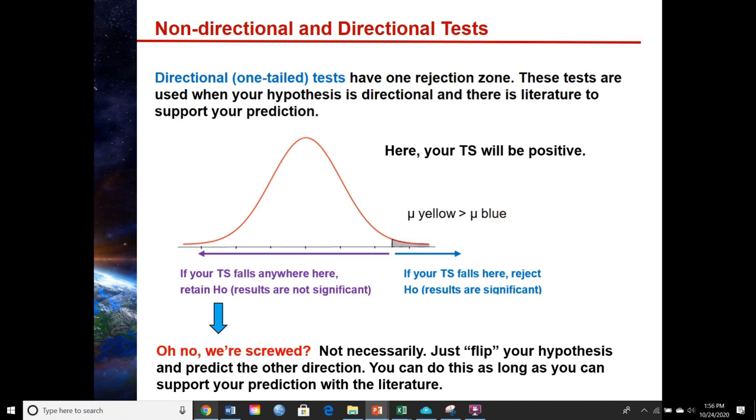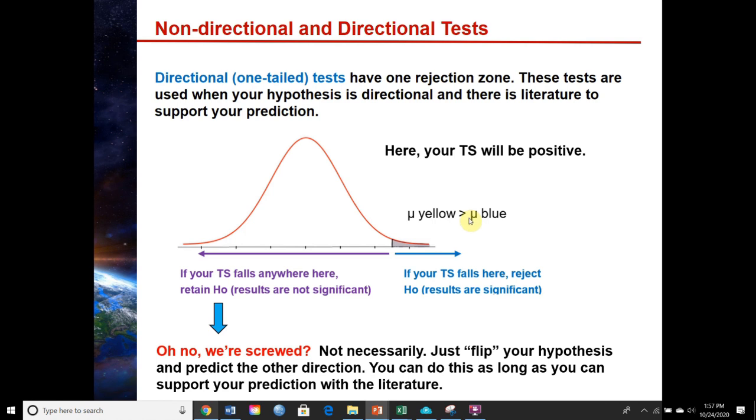No, it's not. The rules say for you to have a directional test, for you to use a one-tailed test, you have to have a hypothesis that is directional, and you have to have literature, published literature, to support your prediction. So if your original prediction was this, and you had the literature to support it, great, you met the rules.